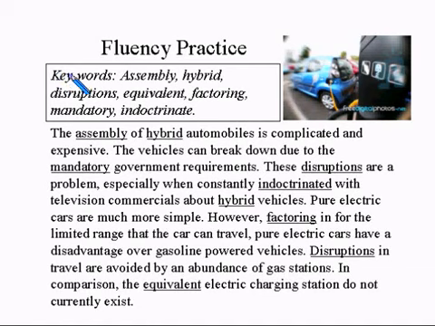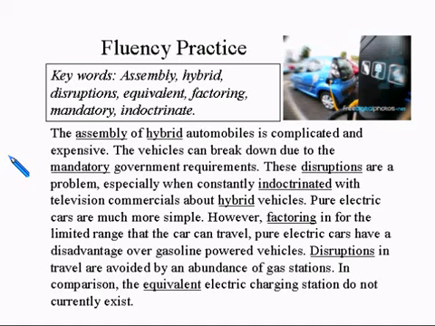Fluency practice. Key words: assembly, hybrid, disruptions, equivalent, factoring, mandatory, and indoctrinate. Go. The assembly of hybrid automobiles is complicated and expensive. The vehicles can break down due to the mandatory government requirements.